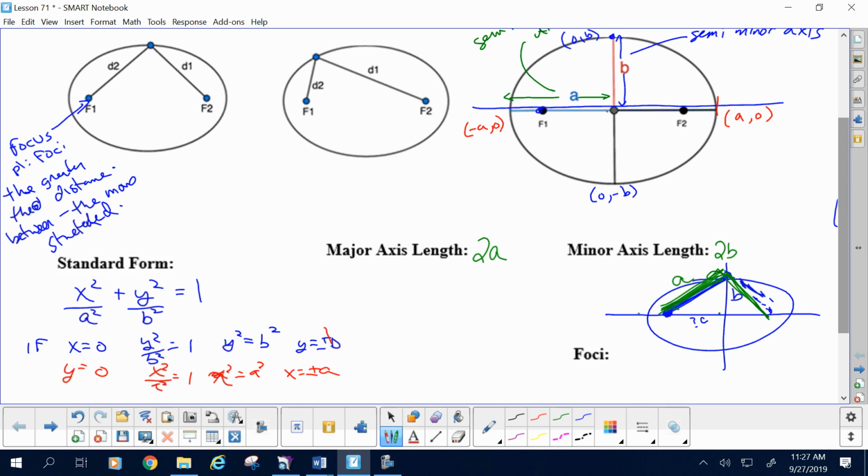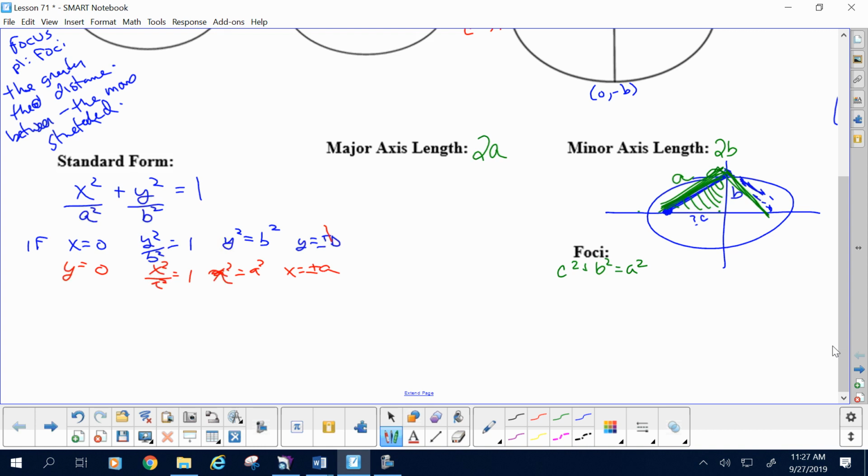So if you want the distance to the foci, you can use this right triangle to say c squared plus b squared equals a squared, which to me is a bunch of C's, B's, A's, blah, blah, blah.